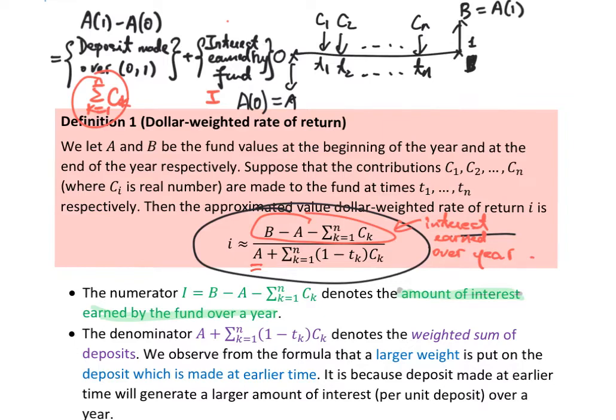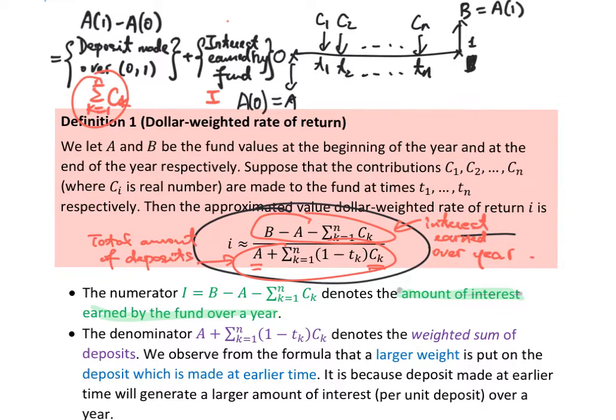And then you also have the sum of this CK, which is what? Your additional deposits. So that means the denominator actually is sort of the total amount of your deposit that you make.